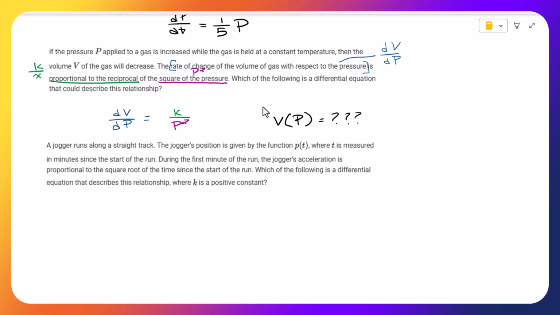Well, this function is decreasing. So our rate needs to be negative. So this k, this constant of proportionality, k must be negative. And that's the piece that we can add to say about k.